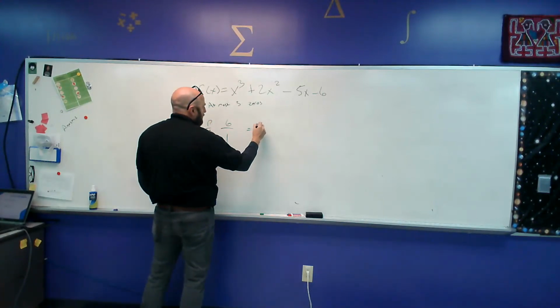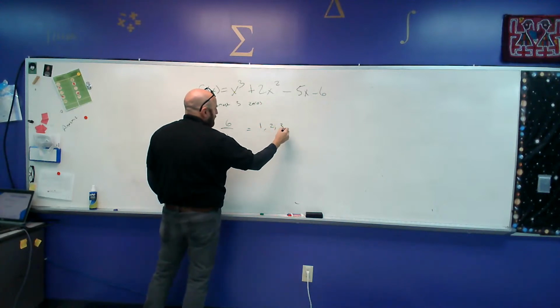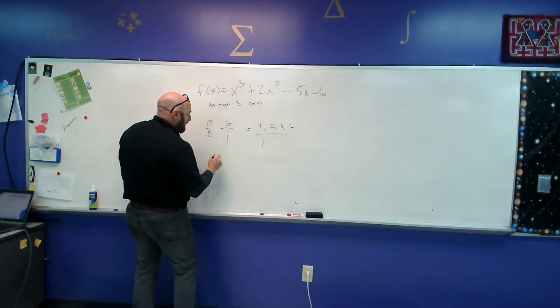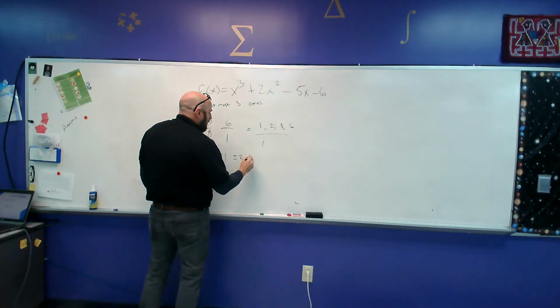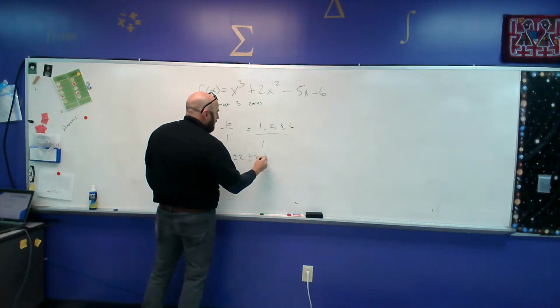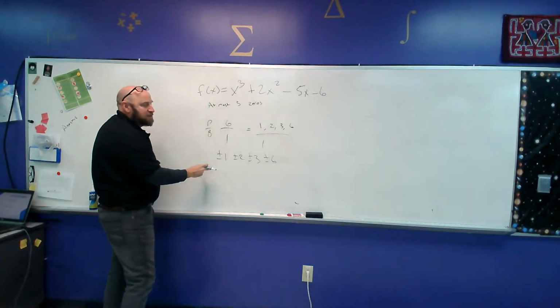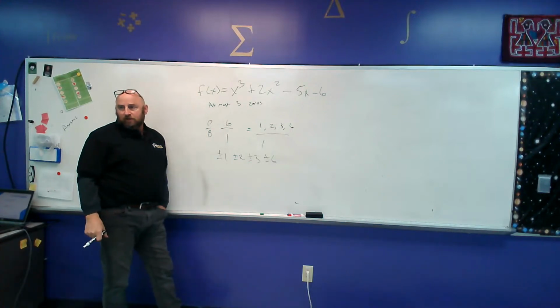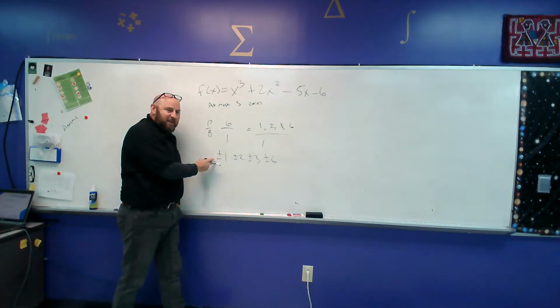So that's going to be 1, 2, 3, 6 over 1. So it's going to be plus or minus 1, plus or minus 2, plus or minus 3, plus or minus 6. Those are your possible zeros. Okay. Does everyone understand why that's true?